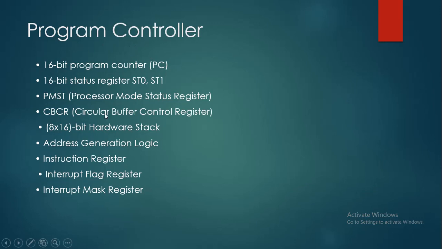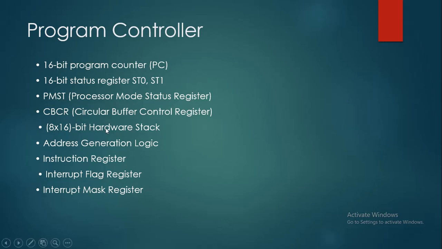And the CBCR register, the circular buffer control register, is one of the circular buffer registers. The circular buffer registers are of 5 types: CBSR and CBER, two of each, and CBCR. CBSR is the circular buffer start register, CBER is the circular buffer end register, and CBCR is the circular buffer control register.